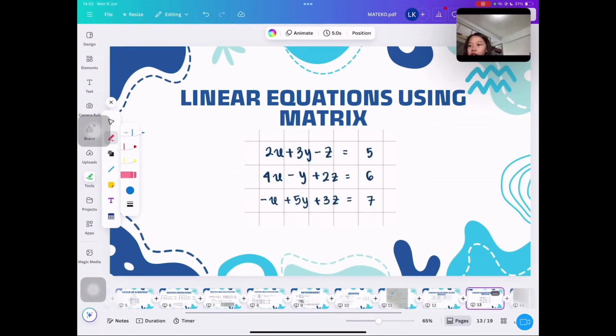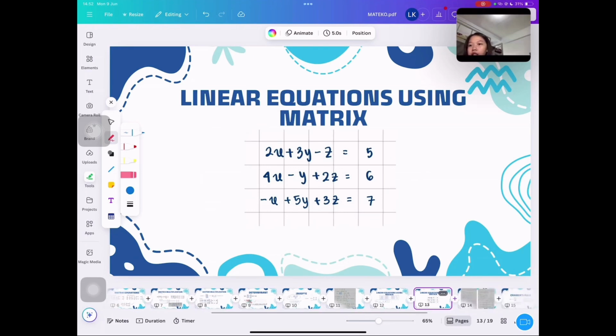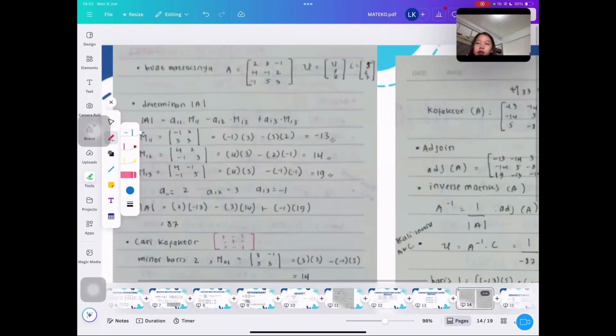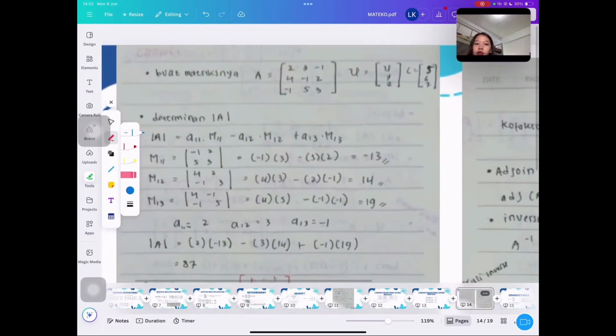Let's solve this together. First, we write down the given information. This is the given information. Next, we have to find the minor.